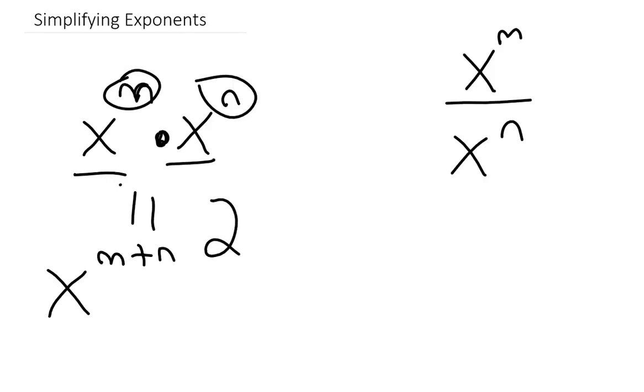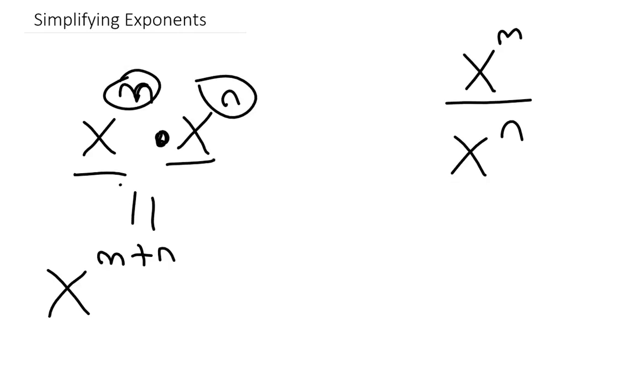For example, 2 to the first times 2 to the 8th power, since I have the same base, these are just equal to 2 to the 9th power. Basic multiplication rules. If we look at the other one where I'm dividing, we could do it the same way.